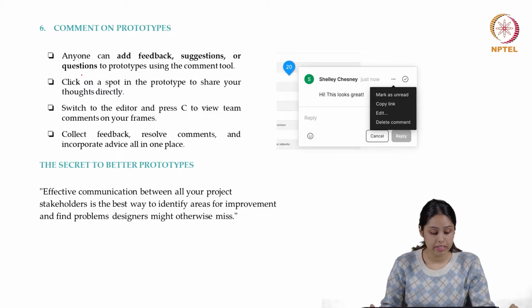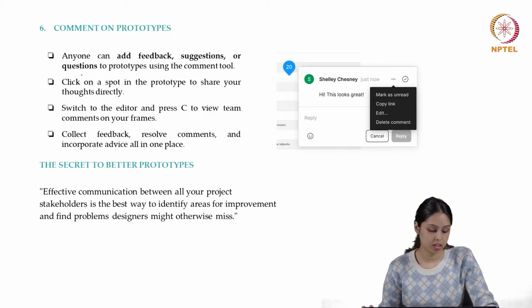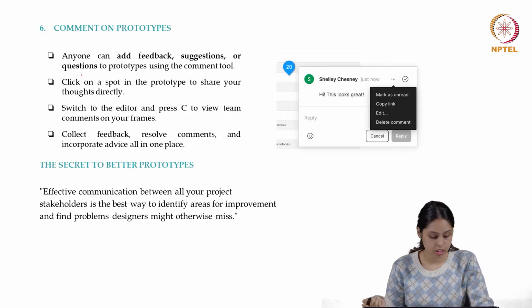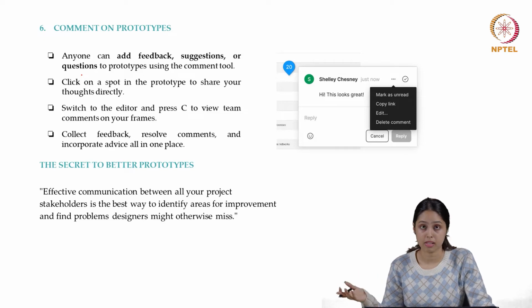So getting into it, the secret to better prototypes. It's a quote. So I'm just going to repeat it. Effective communication between all your project stakeholders is the best way to identify areas for improvement and find problems designers might otherwise miss.